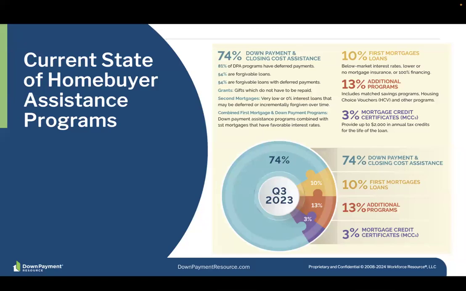But to be clear, and we have a completely separate webinar dedicated essentially to this slide and breaking down what all of this means, just a quick refresher: of those nearly 2,300 programs across the country, about 10% are affordable first mortgage programs, typically from your state housing finance agency, that can offer a number of benefits like below market interest rates, reduced mortgage insurance pricing, higher LTV financing, and more. 3% of these programs, and this is down a little bit, are mortgage credit certificates or tax credits.